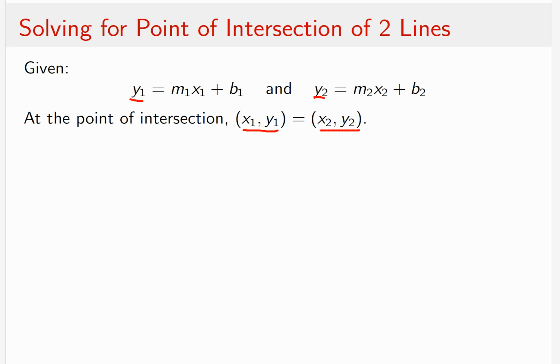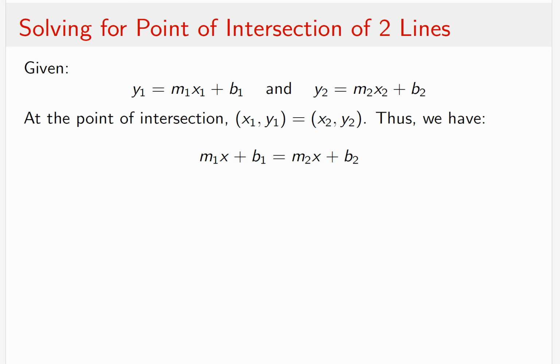Well, that means that if y1 equals y2, I can just set the right-hand sides equal to each other. But notice the x coordinates are the same as well, so instead of writing x1 and x2, I'm just writing x, right? They're the same value. So since we're solving at the point of intersection, the x coordinates have to match and the y coordinates have to match. So we're just using those facts to solve.